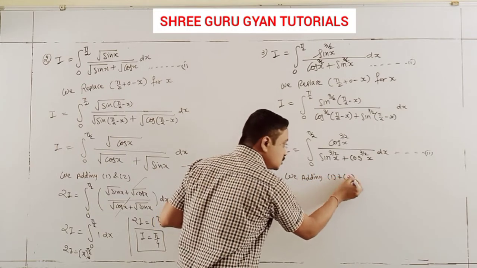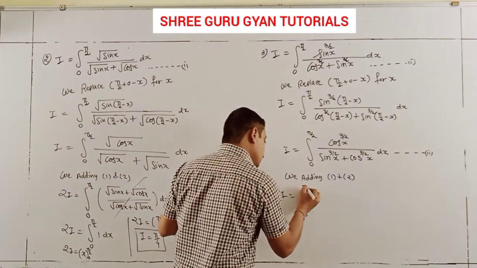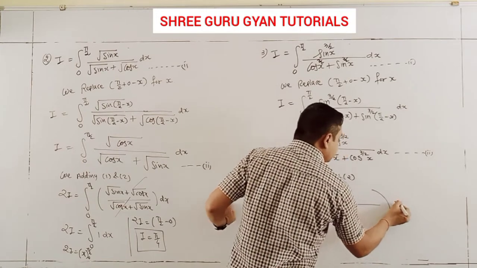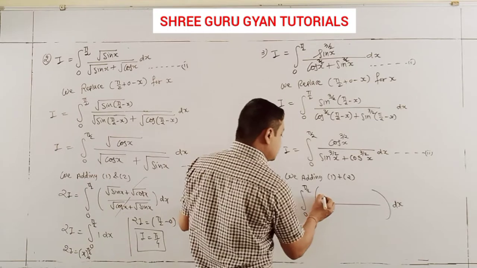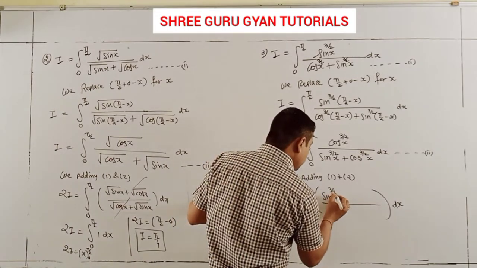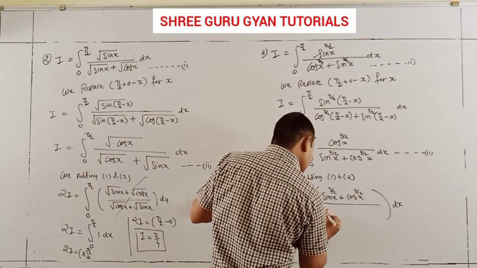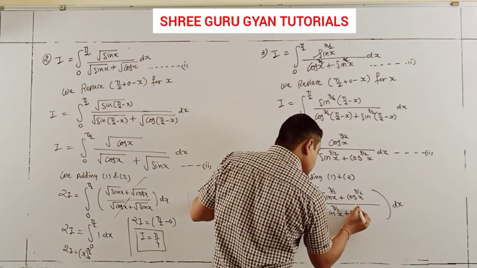1 plus 2. So 2i 0 to pi by 2 and your LCM is same. Downwards, upwards same. Your answer is sine raised to 3 by 2 cos raised to 3 by 2. Here also sine raised to 3 by 2, cos raised to 3 by 2.